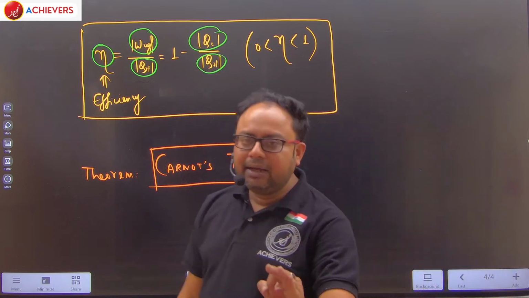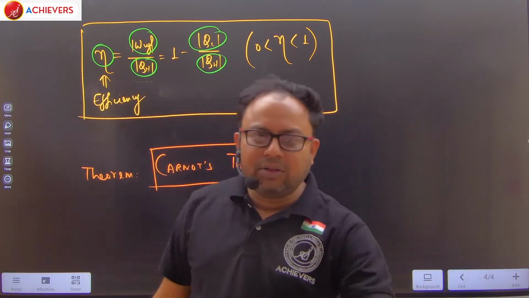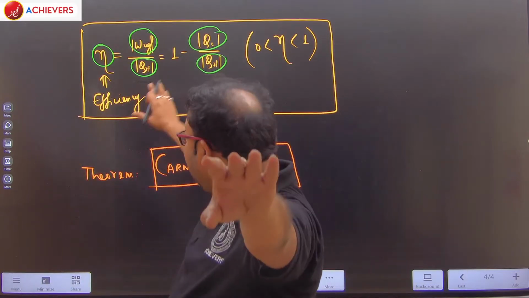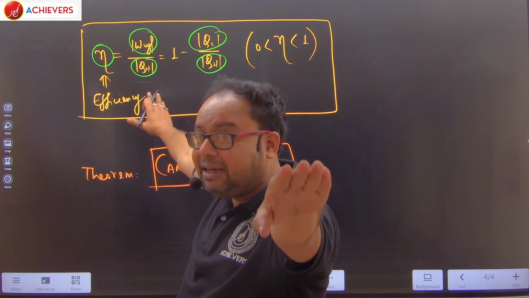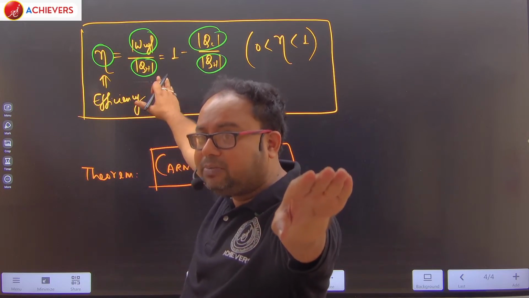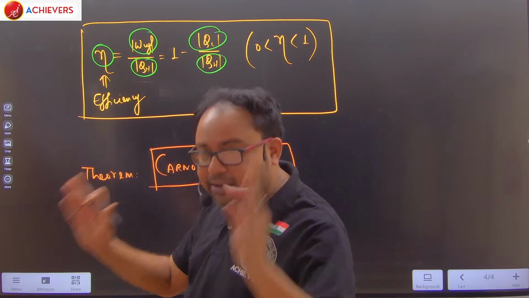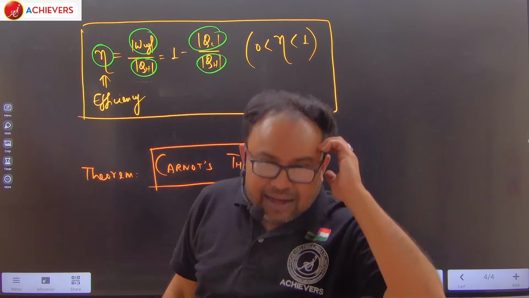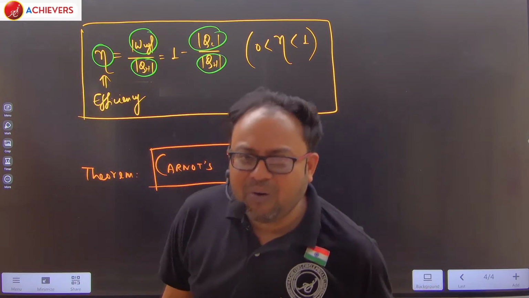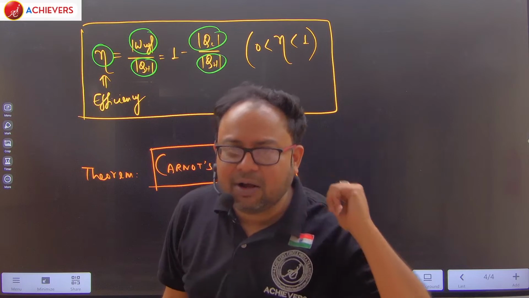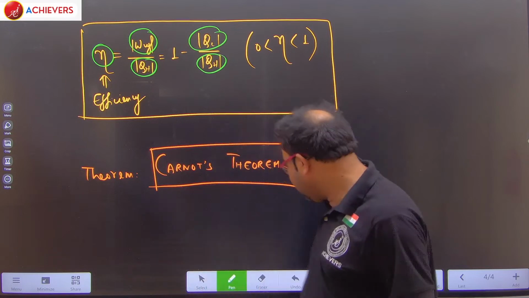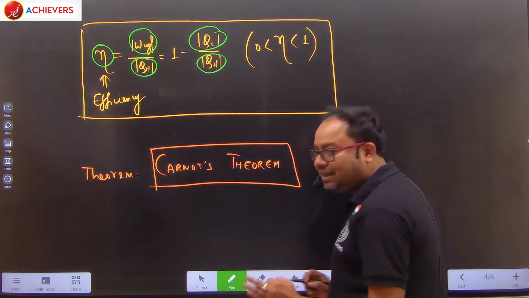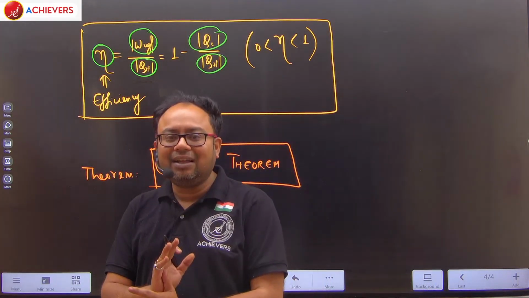But actually, eta will not depend on these parameters. Let me repeat it once more. Although apparently it seems that eta depends on mod W cyclic, mod QH, mod QC, etc., mind it, eta doesn't depend on these parameters. Why? Because it's a ratio. This is a very interesting fact.